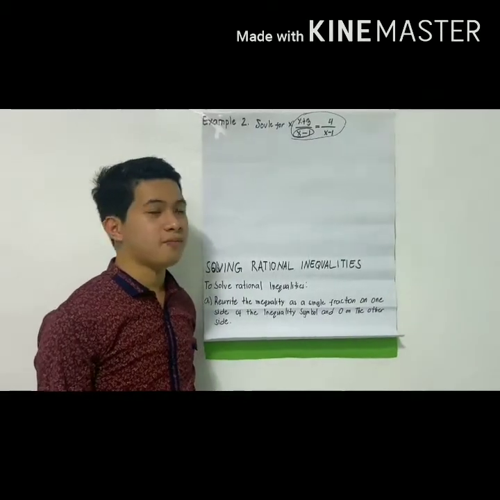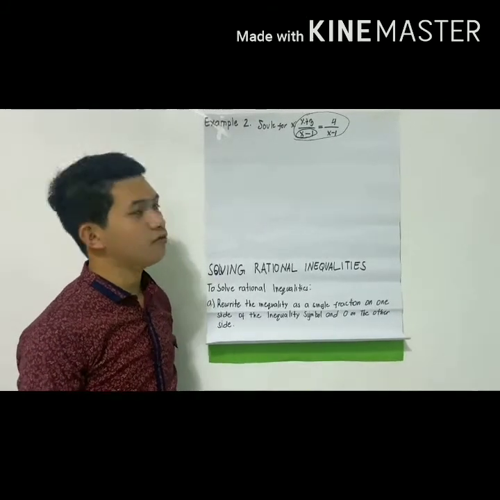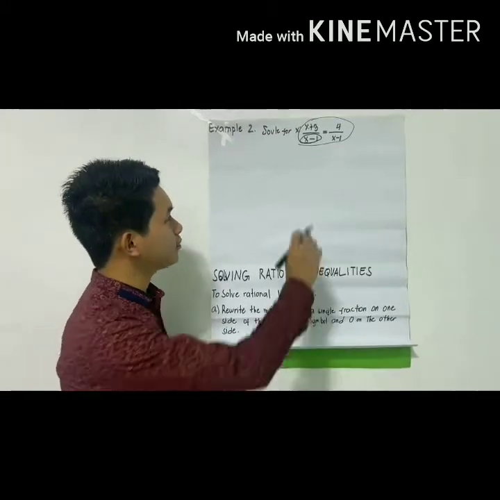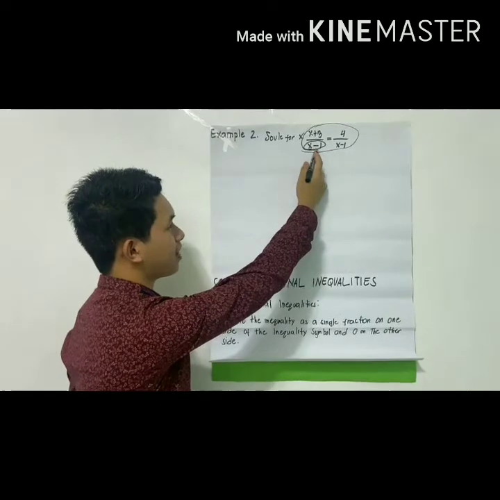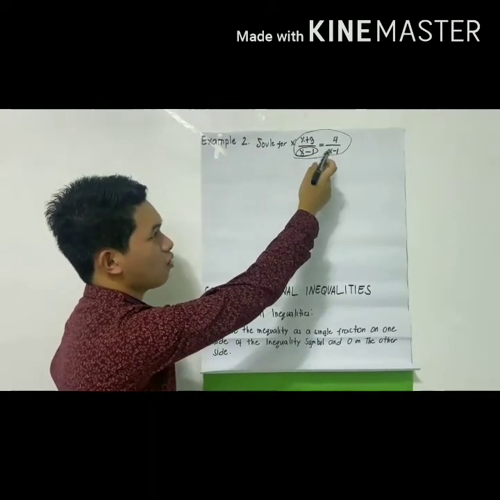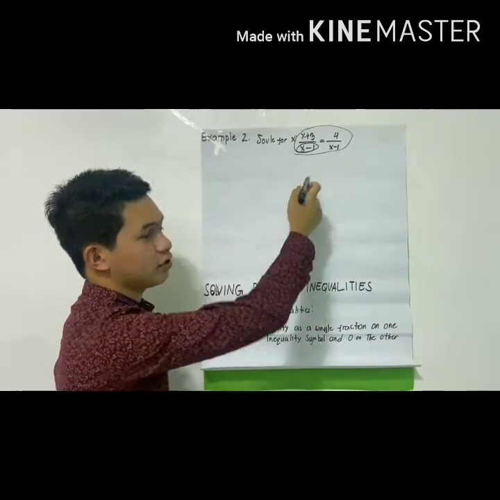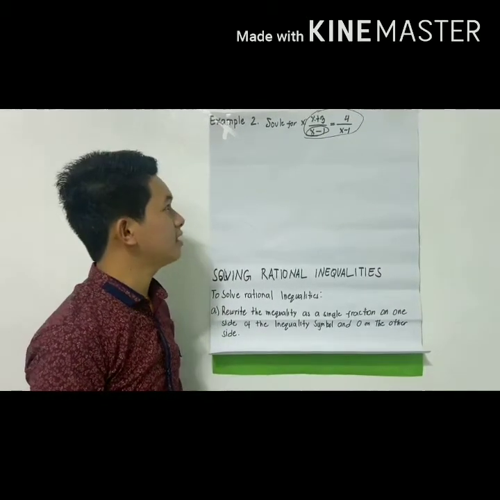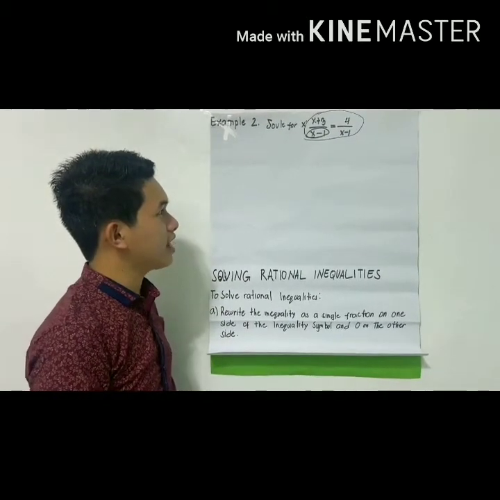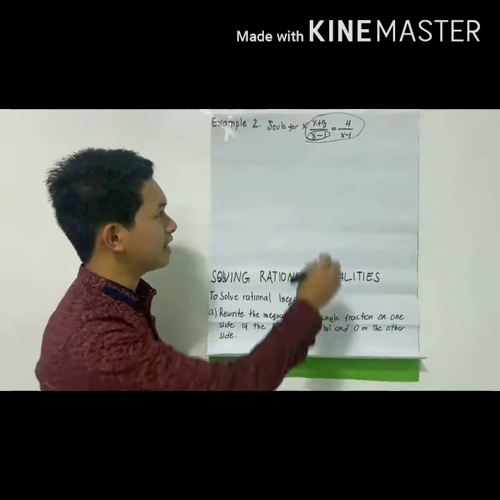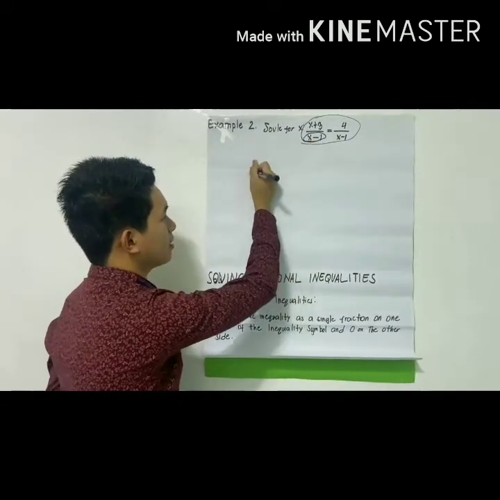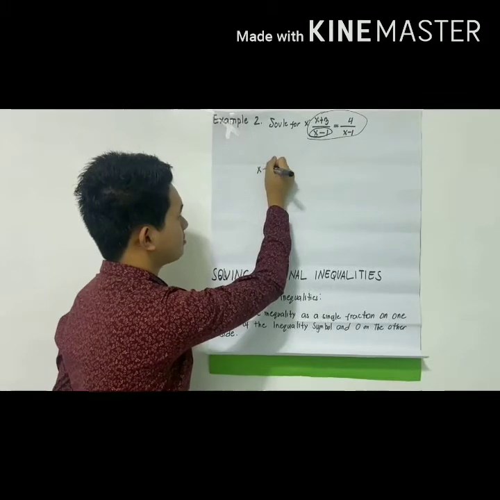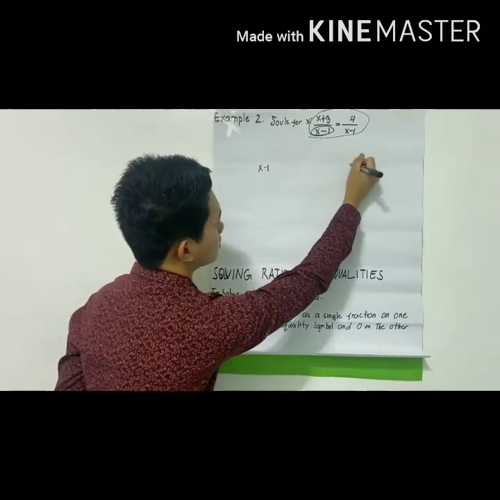Next is example number 2. Solve for x plus 3 over x minus 1 equal 4 over x minus 1. First is find the LCD. So our LCD is our denominator. Obviously that is x minus 1.